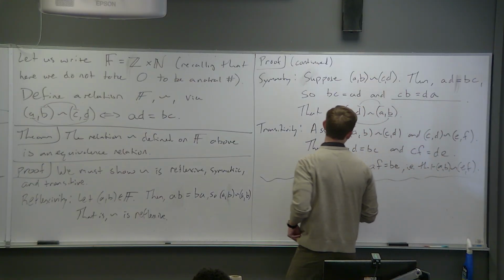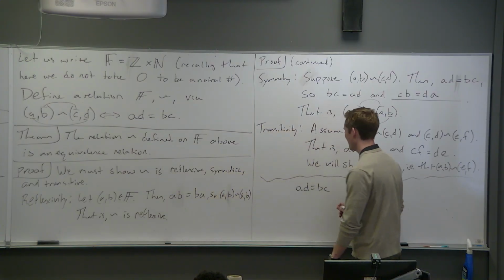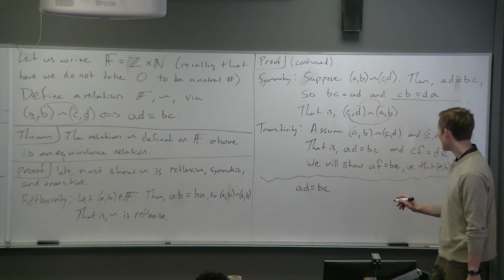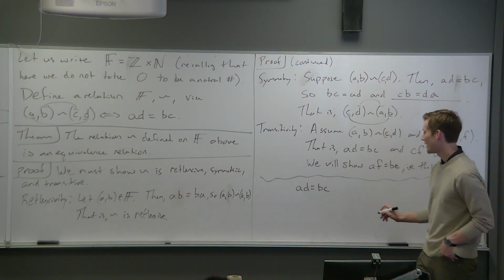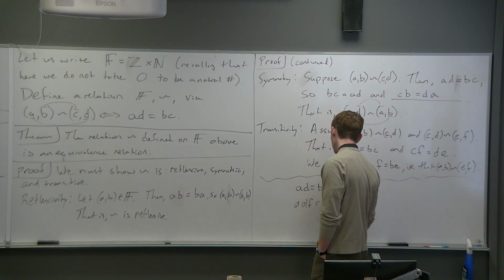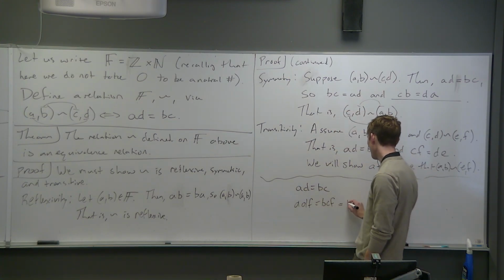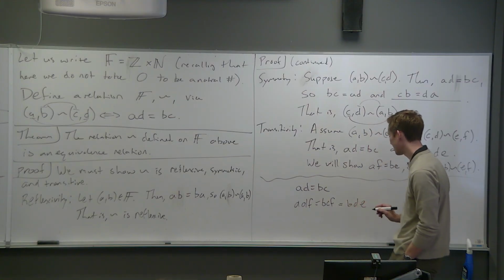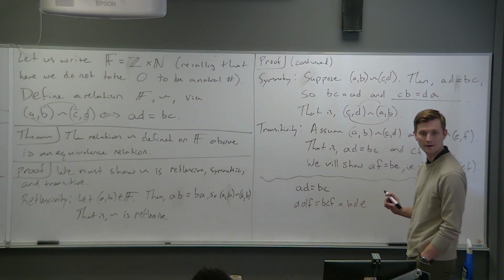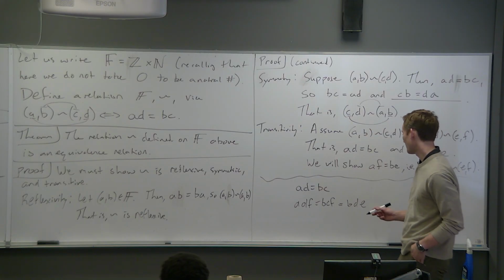If you start out with something you know, like AD equals BC, and then you go, okay, if I know that CF equals DE, I could go ADF equals BCF, and BCF would be BDE, yeah? Okay, that seems reasonable.